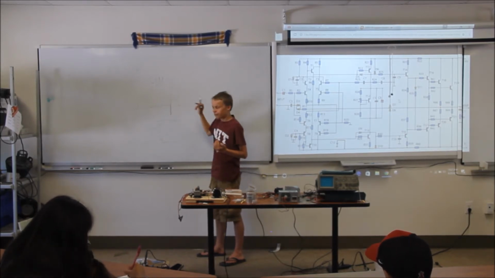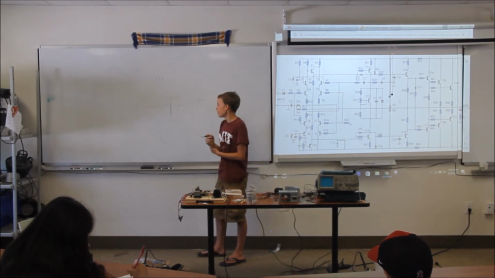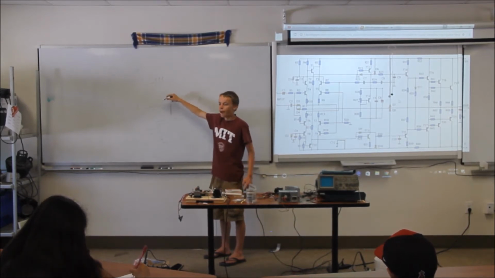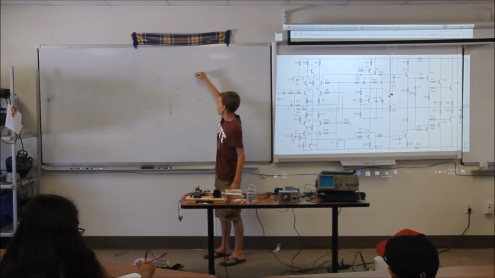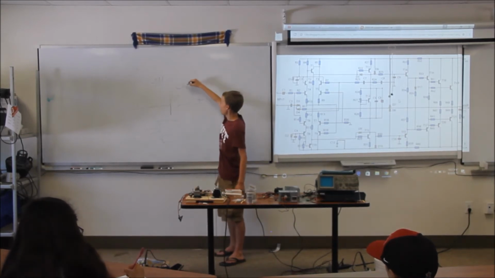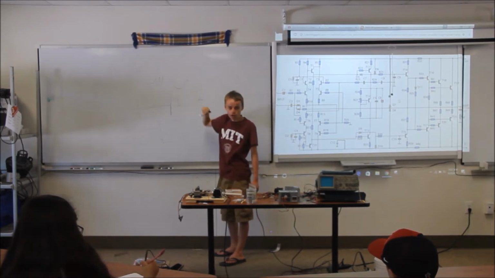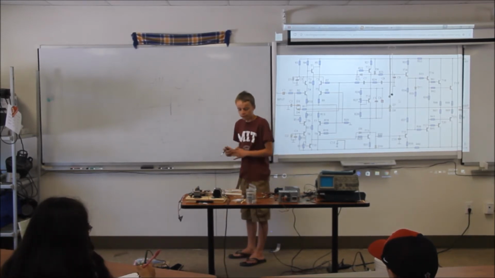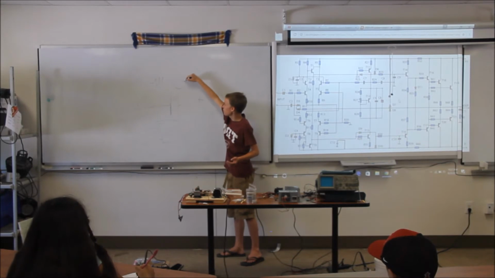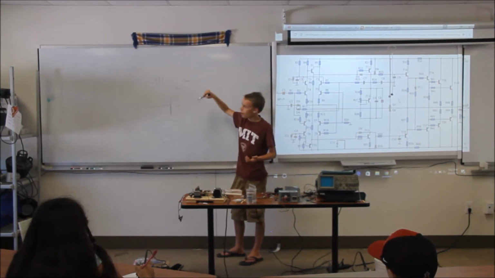But if the capacitor is really small and it charges really fast, and the AC signal, which goes like this, charges the capacitor, and the capacitor is fully charged by the time the AC signal reaches a voltage, that means the rest of this voltage is not even going to be used. And then when it goes down, the same thing is going to happen.